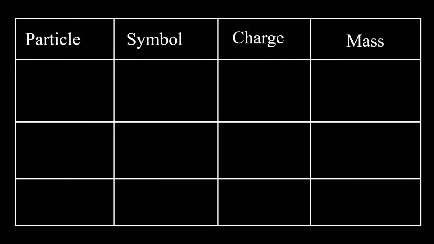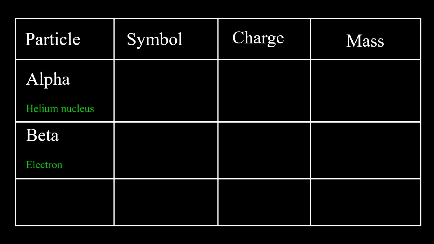So what I want to do next is to really jump into the types of particles, their symbols, their charge, and also their mass. Now, first and foremost, let's deal with the alpha particle. Alpha particles resemble helium particles, or the nucleus of a helium.